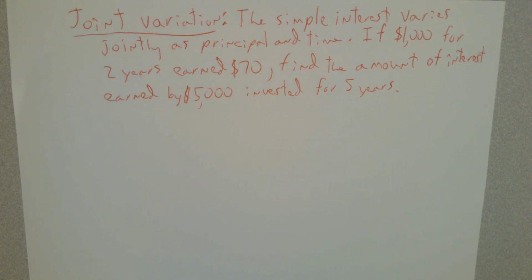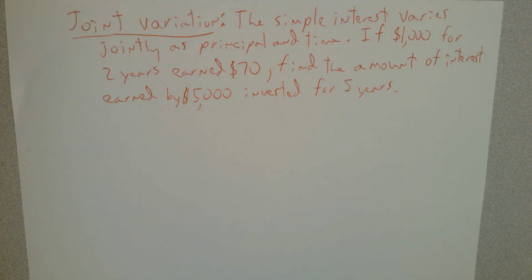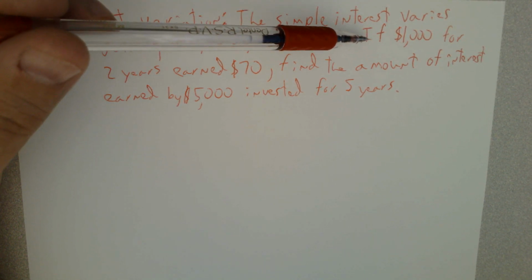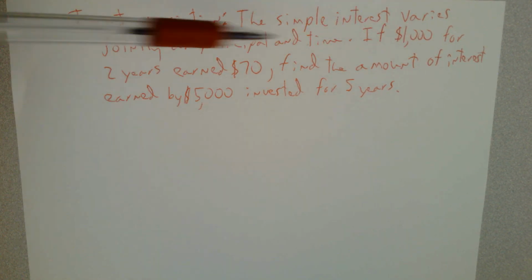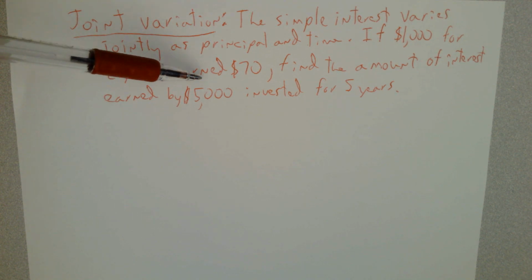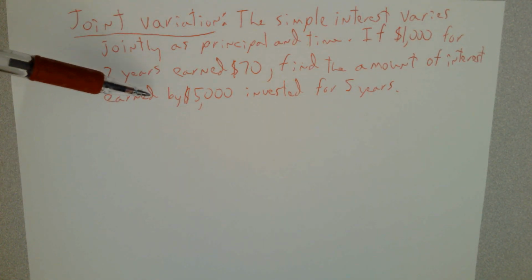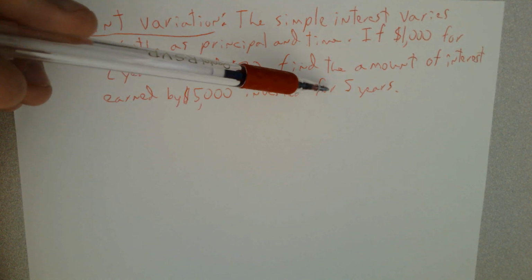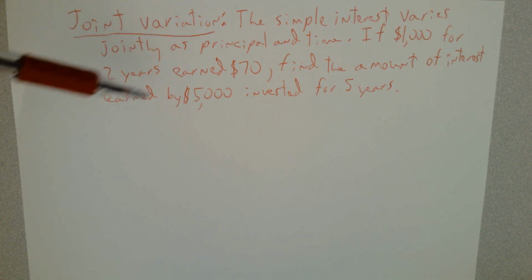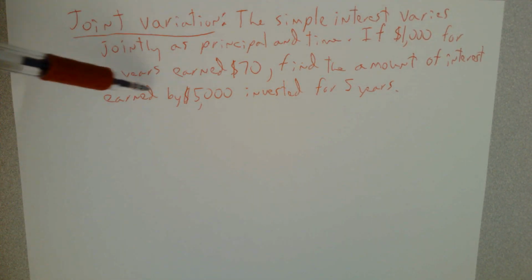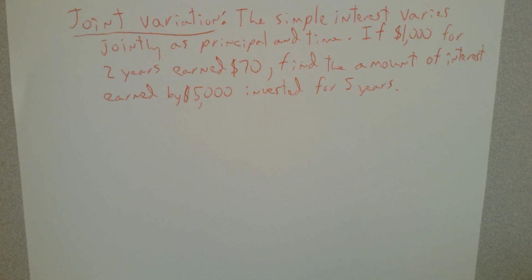Time is just going to be the amount of years of your loan. They're saying if $1,000 for 2 years earned 70% interest, find the amount of interest earned by $5,000 invested for 5 years. So they've given us one example with complete information and one where we're missing a piece they ask us to find.